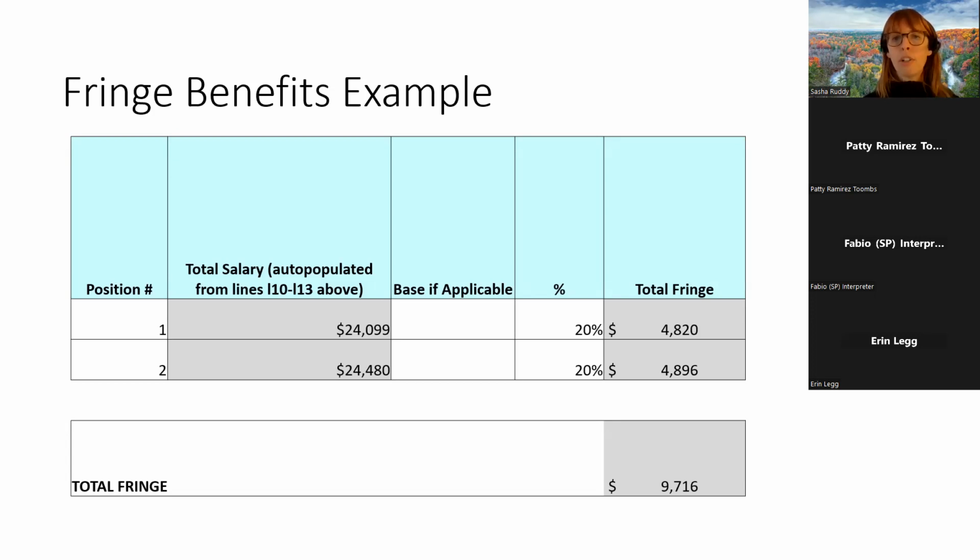What I did have to do is write how much the fringe benefits the organization would be charging to the grant. And in this example, they are choosing 20% as the number that feels best for this organization. And then again, the math is done for them. They didn't have to do anything.